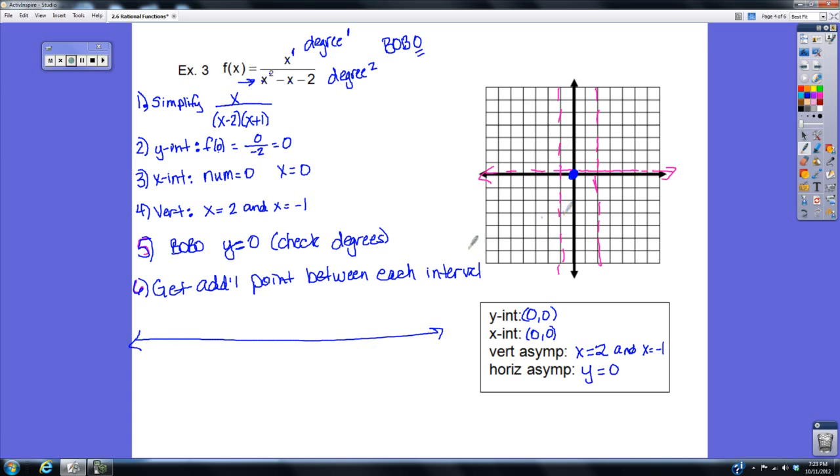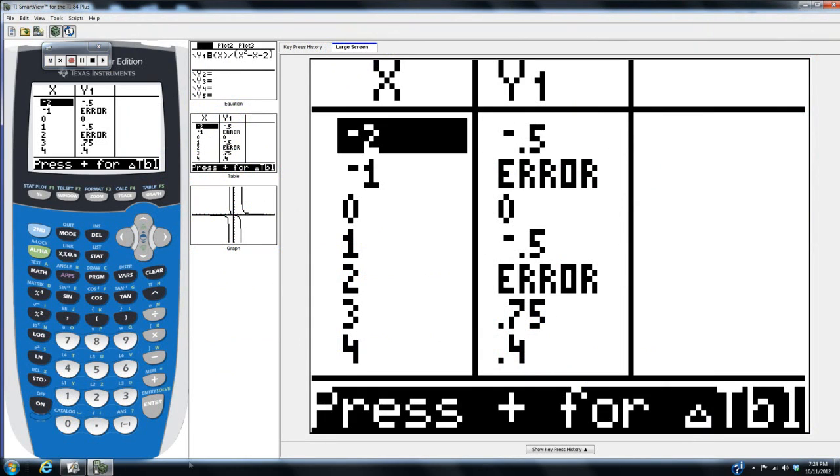My vertical asymptotes are at -1 and +2. So I need to find some points over here, some points in the middle, and some points over here. I already have my equation in my calculator, so I'm going to pull it up for you. Look at where x is -1, I have an error. Look at where x is +2, I have an error, because those are where my asymptotes are.